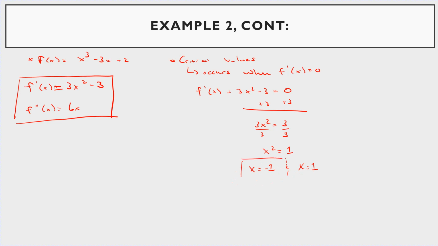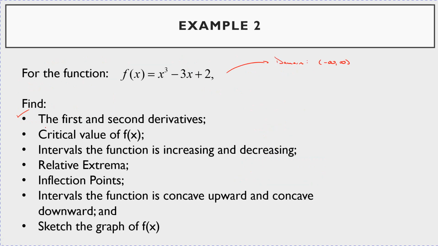All right, so we're on our way. Okay, we got the first and second derivative. We found critical values. So we're going to use these critical values to help us find intervals where the function is increasing and decreasing.